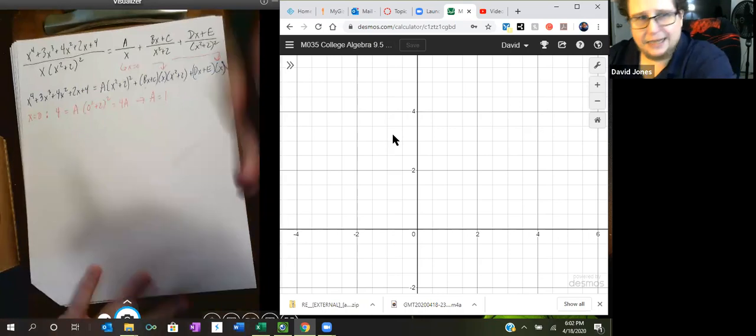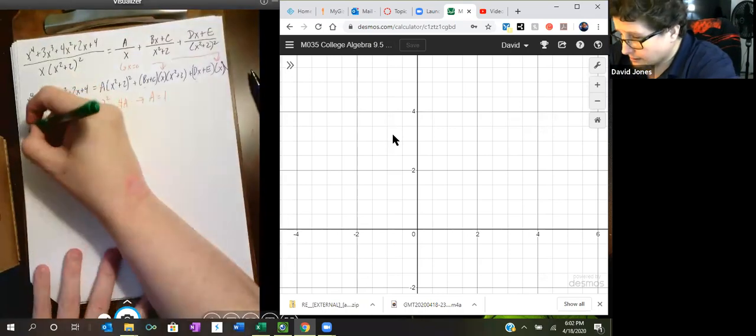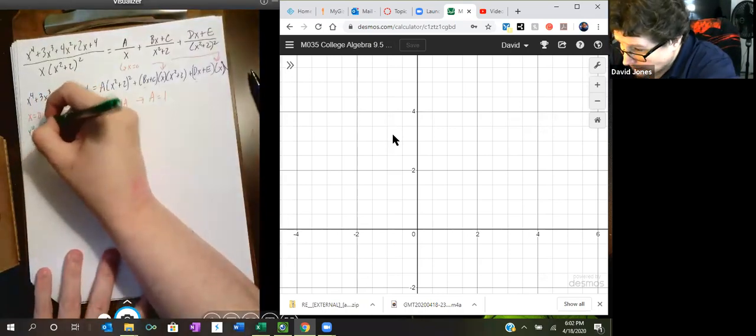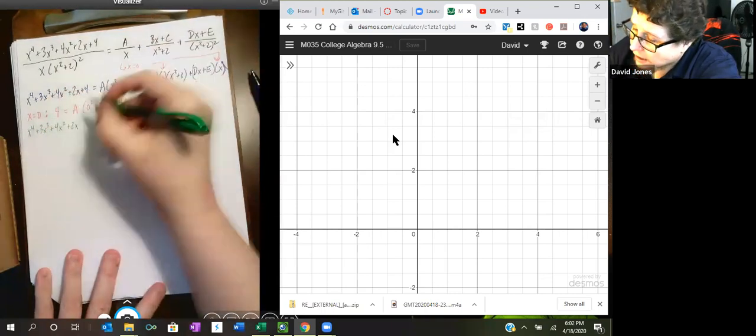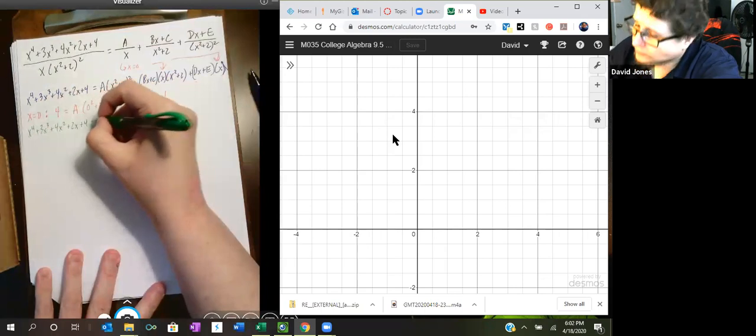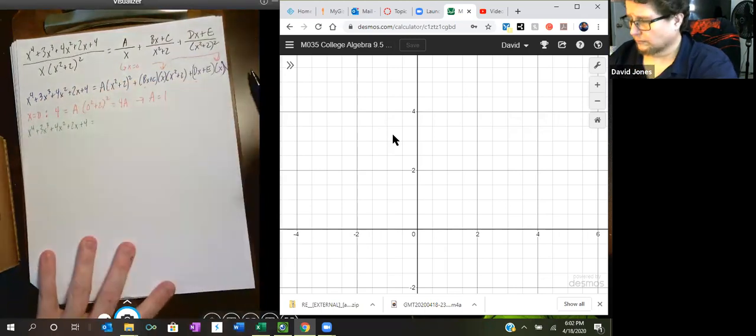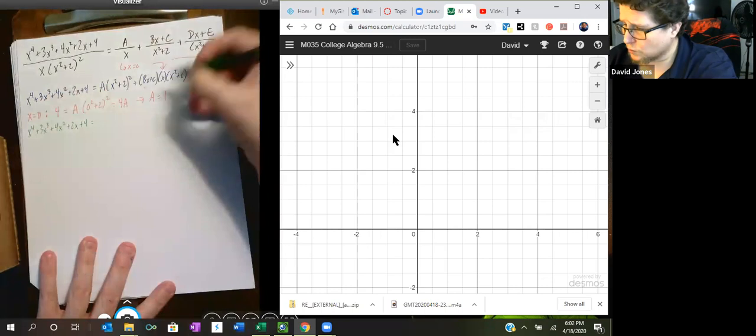All right, now the tedious part. I'll put in the a equals 1.